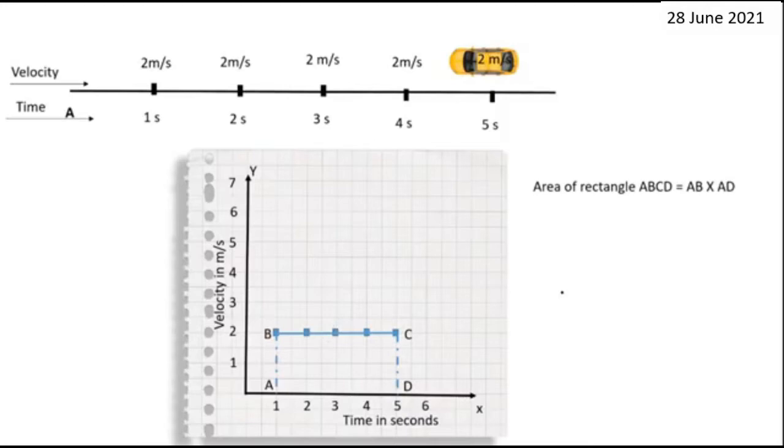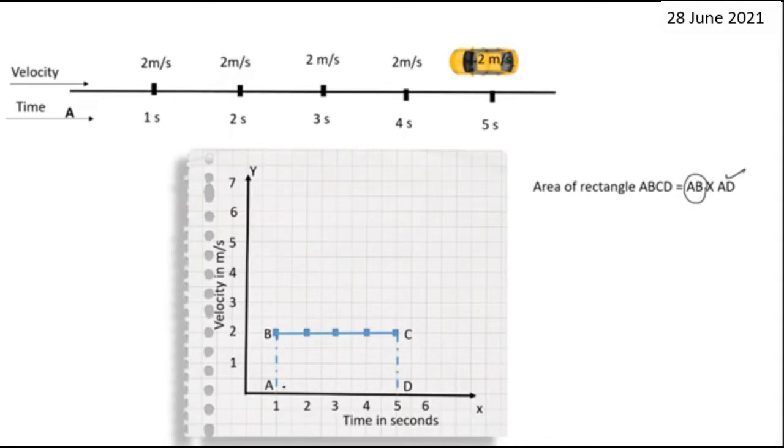Now AB into BC. This BC is nothing but AD only. So in place of BC, I have written AD. Now please find out what AB means in this graph.